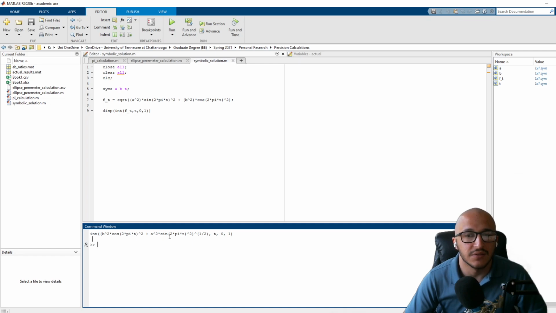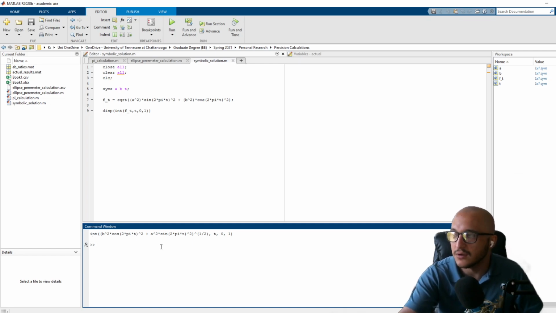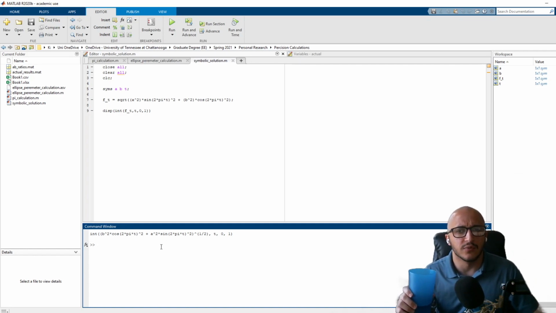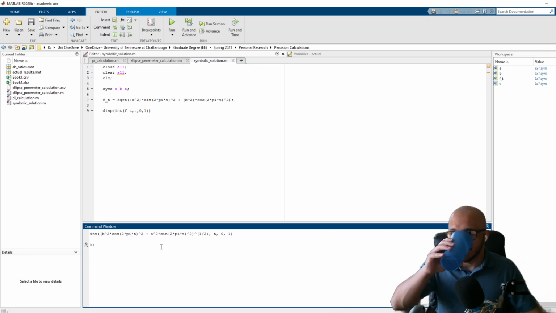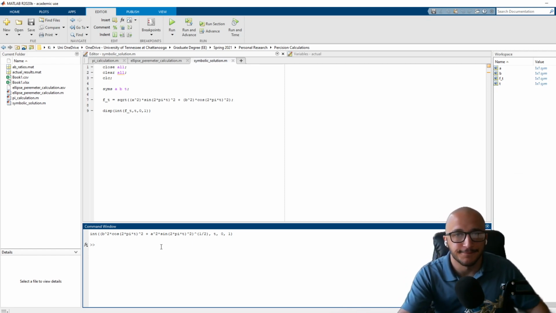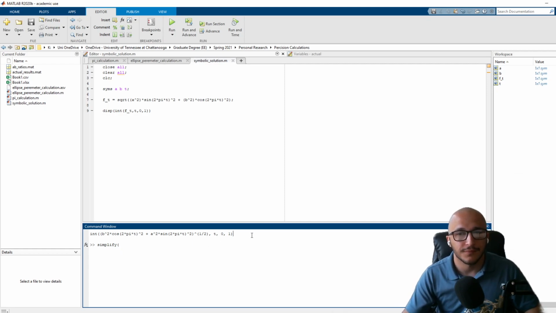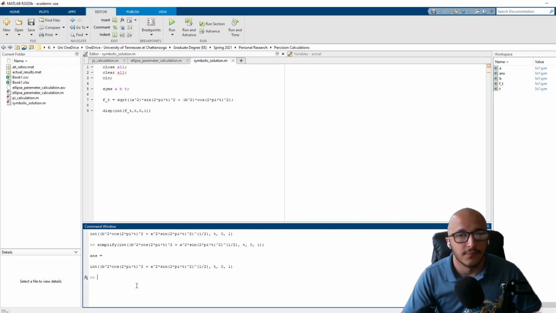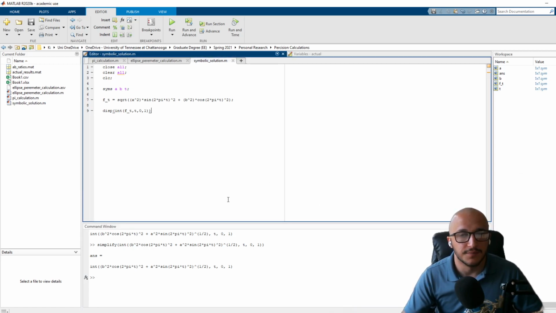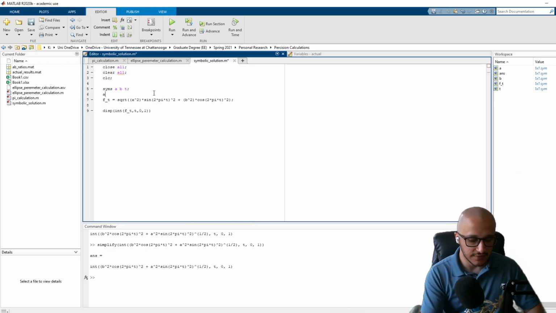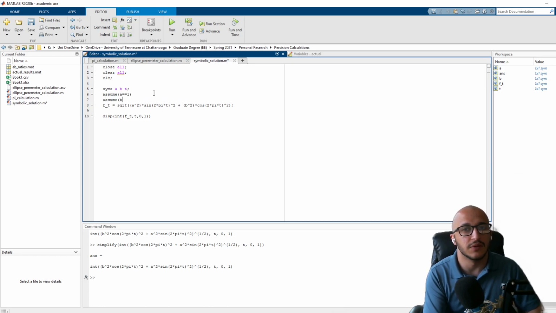Yeah, it doesn't do it. It may well not have a closed form solution. Let's see, simplify. Okay, so it's not working. Let's assume a equal to 1, assume b equal to 1.